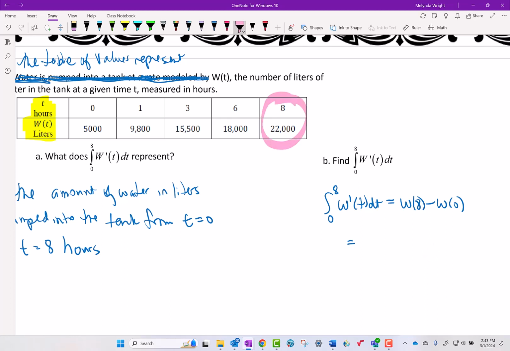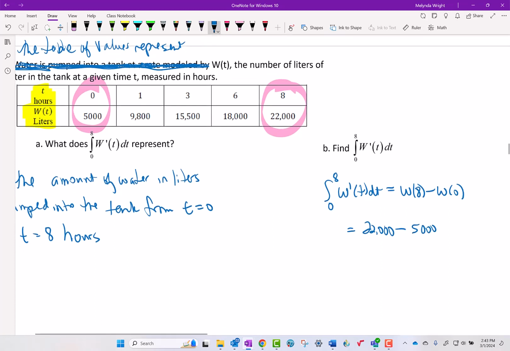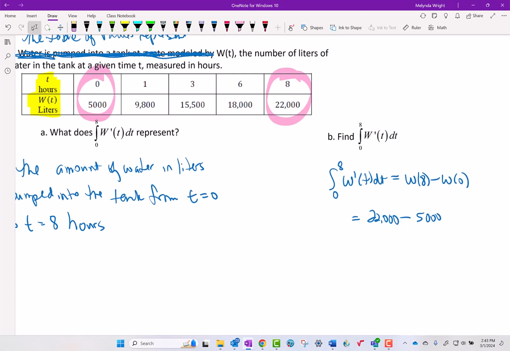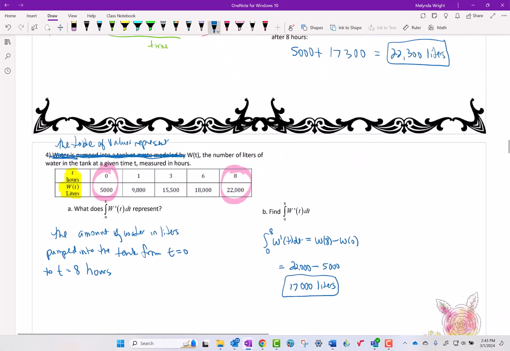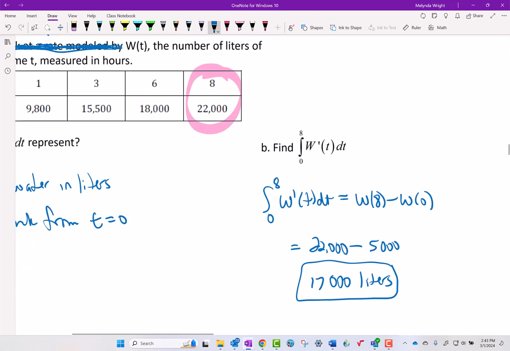So here's W of 8, there's W of 0. So W of 8 is 22,000 minus W of 0 is 5,000. And what are we finding? We're finding the amount of water in liters pumped into the tank from t equals 0 to t equals 8. And so this is 17,000 liters. Okay. All right, we all right?